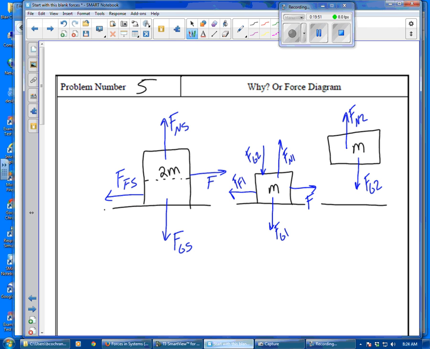Yes. Could it still be moving, though? Yes, because it has inertia. So no net force means its motion's not changing. And then vertically, it could have no acceleration because those two could balance out. In fact, those two would have to balance out, right?